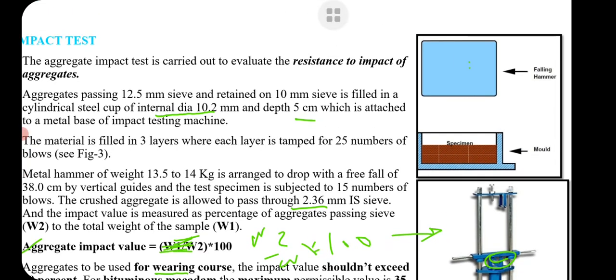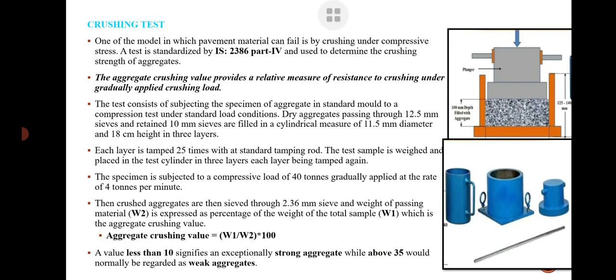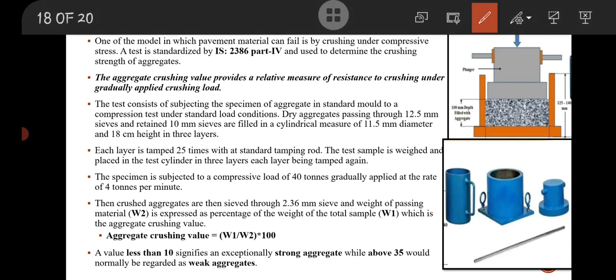Then coming to the next, crushing strength test. This test is carried out to determine the compressive strength of aggregate, which is done on a CTM machine, that is a compression testing machine. In this test, we follow IS 2386 part 4.